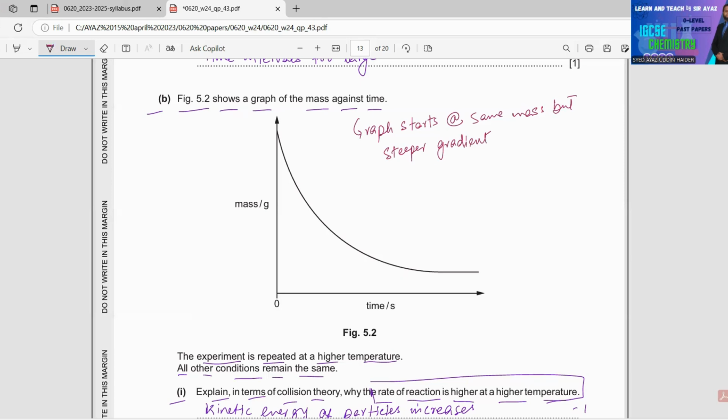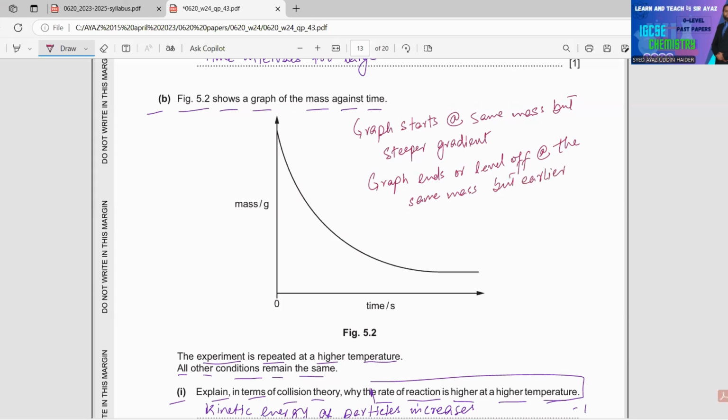The graph, it ends or level off at the same mass but earlier.